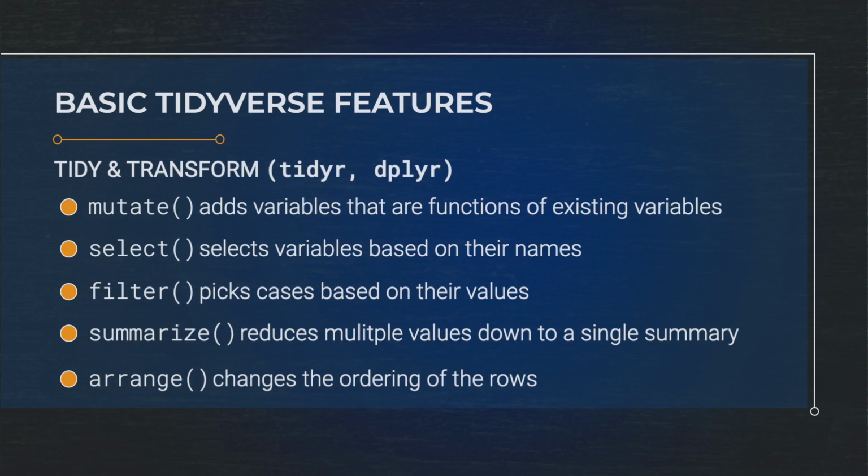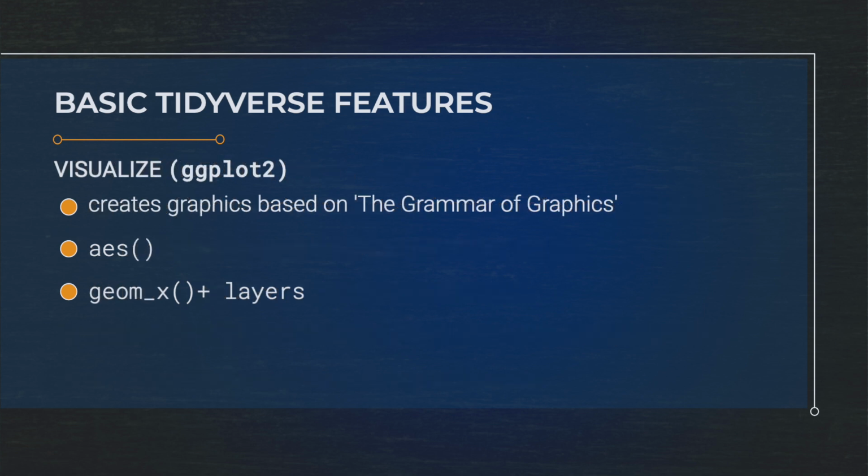Next, in this tidy and transform step, we have two different packages. One is called tidyr and one is called dplyr. These are going to manipulate our data and put them in such a format that allows us to perform exploratory data analyses. Visualize is done by a fantastic package called ggplot, which creates graphics based on this concept of a grammar of graphics.